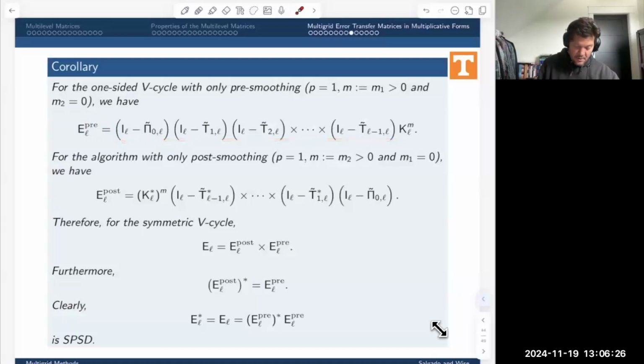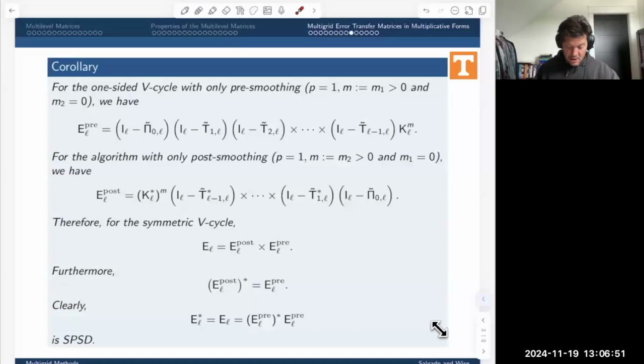Starting at the coarse level, I have these T matrices only, and only this error transfer for smoothing. That's because all of the T matrices on the other side are just going to be zeros. All the T matrices on the left-hand side are going to be zeros.